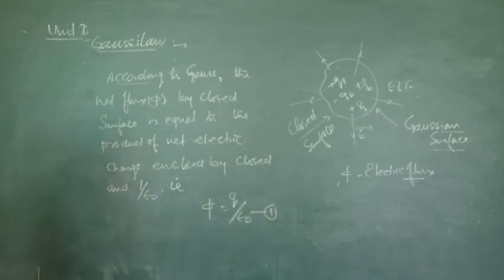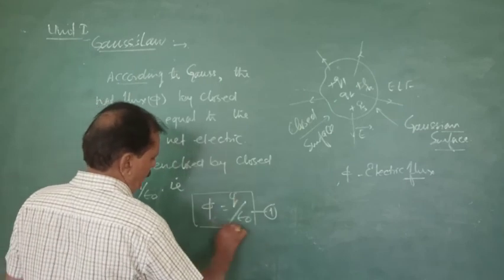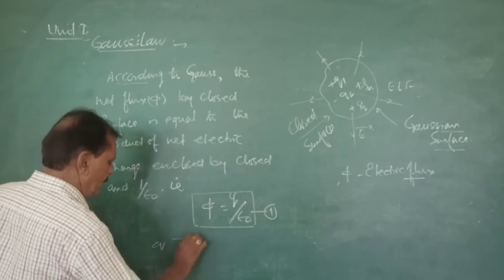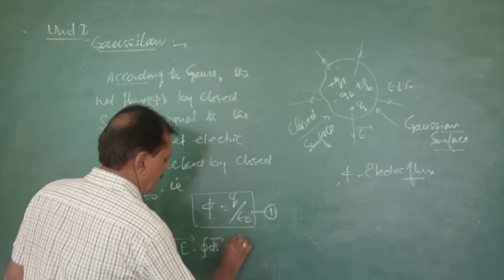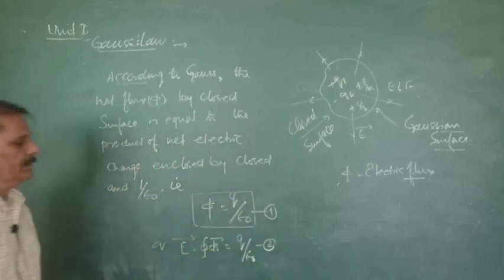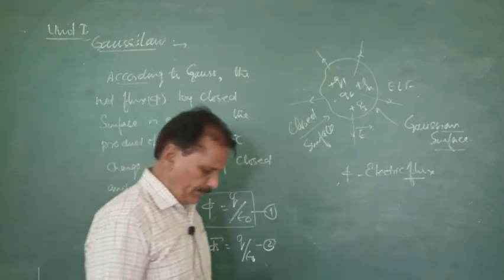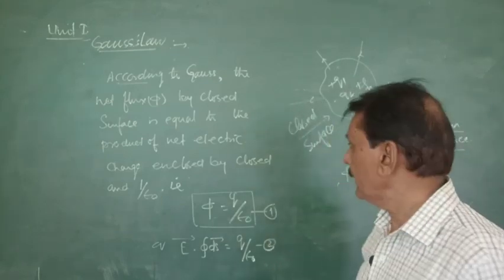This equation represents the Gauss law, or you can also write it as E dot closed integral ds equals q by epsilon 0. These two are the mathematical form of Gauss law in electrostatics.